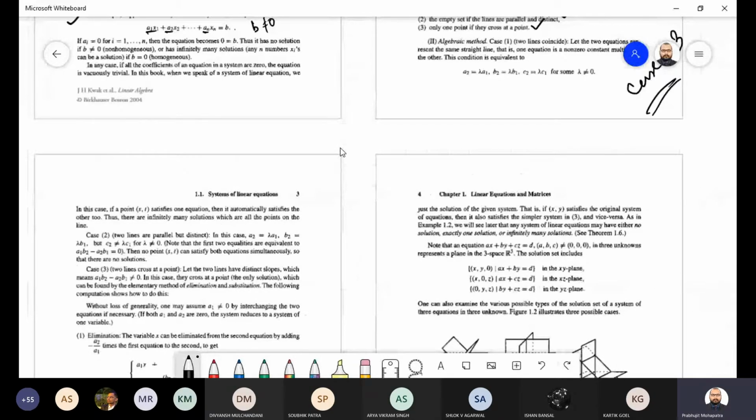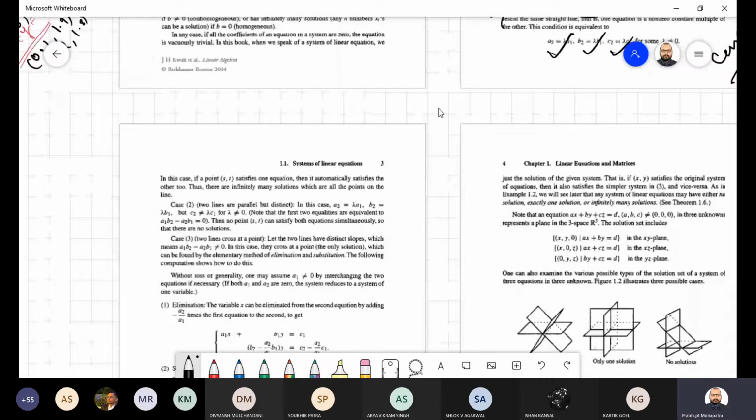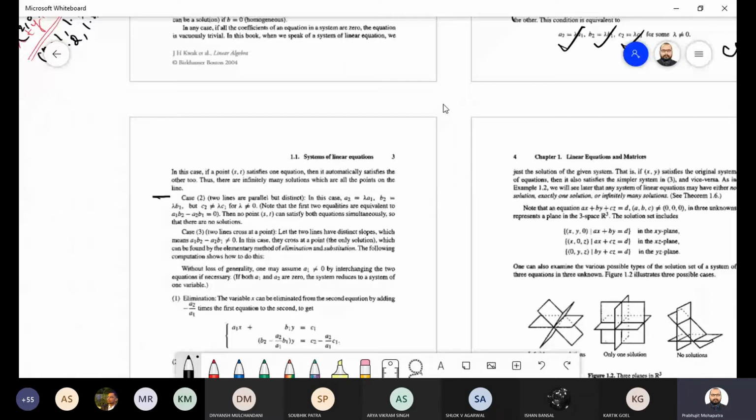For case 1, A2 equals some lambda times A1, B2 equals lambda times B1, and C2 equals lambda times C1. Case 2: A2 equals lambda times A1, B2 equals lambda times B1, but C2 is not equal to lambda times C1, so the right hand side should be different.